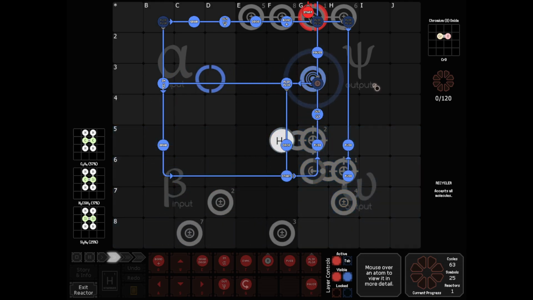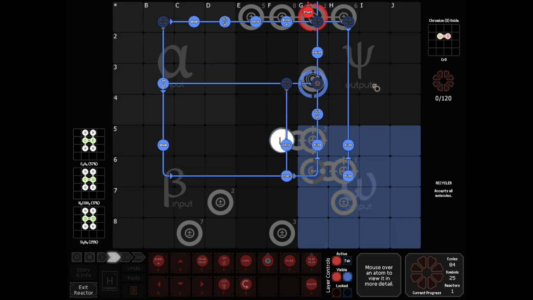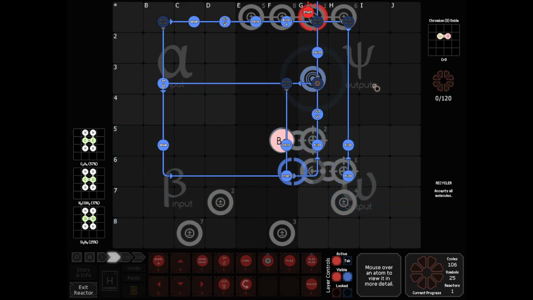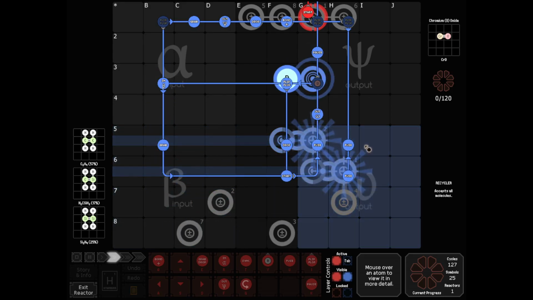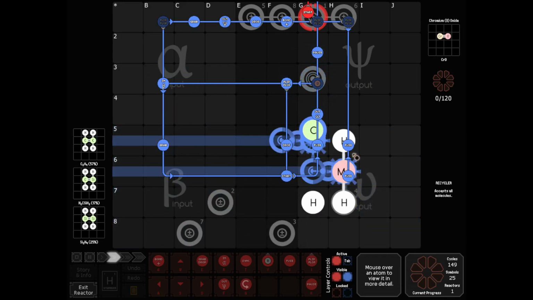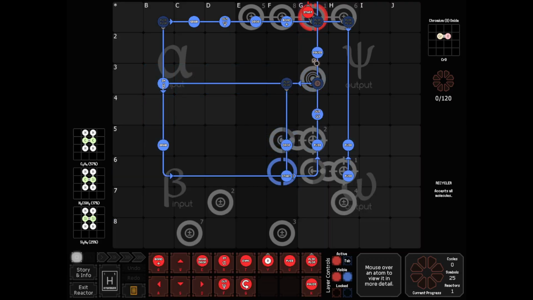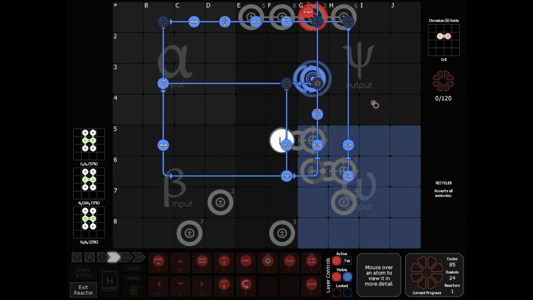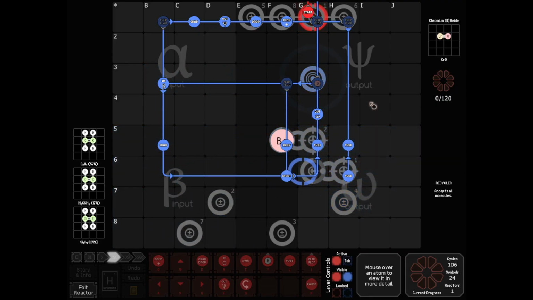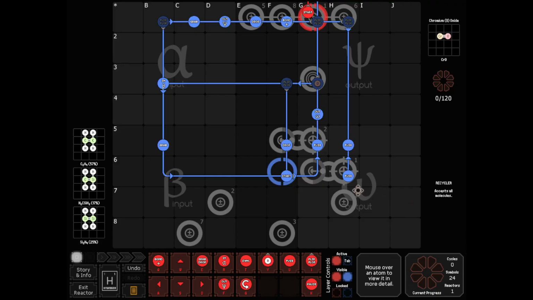So this one is 25 symbols. Wait, there's a pause right here and then it crashes. Oops, I sent you the wrong solution file.